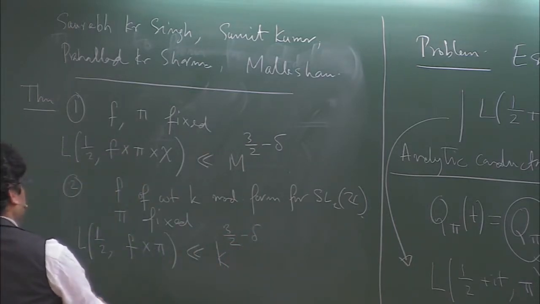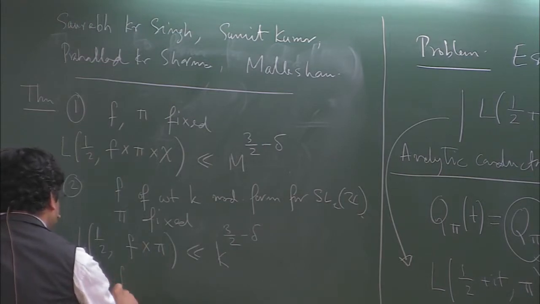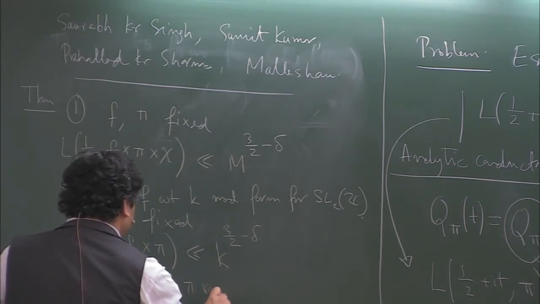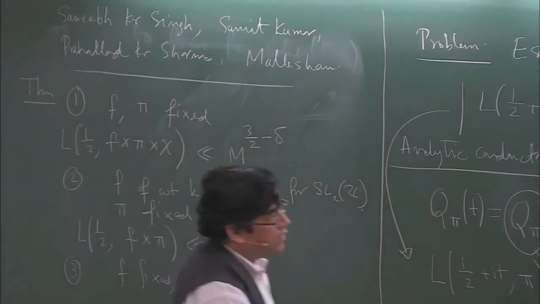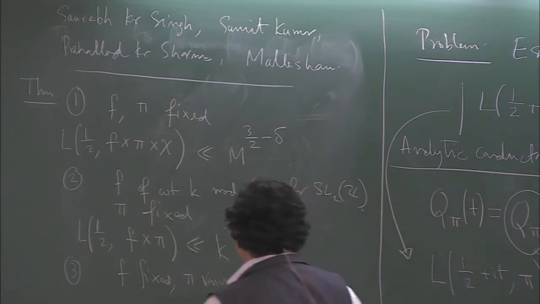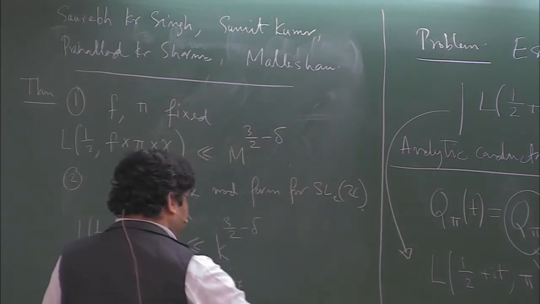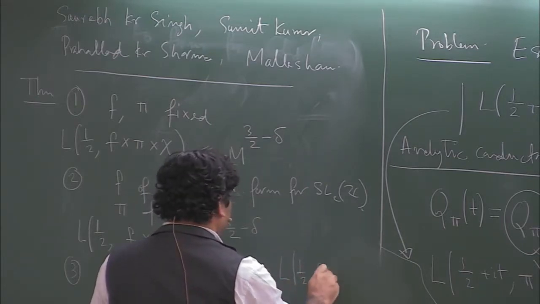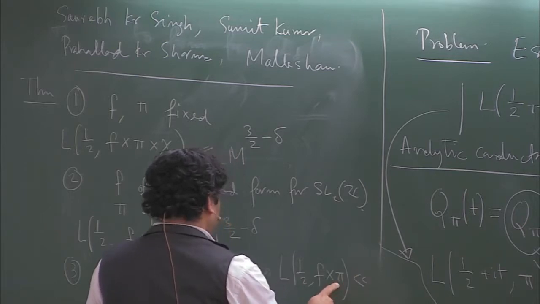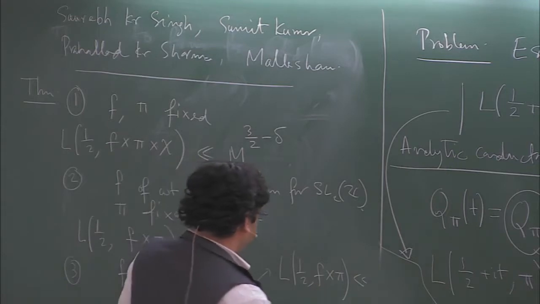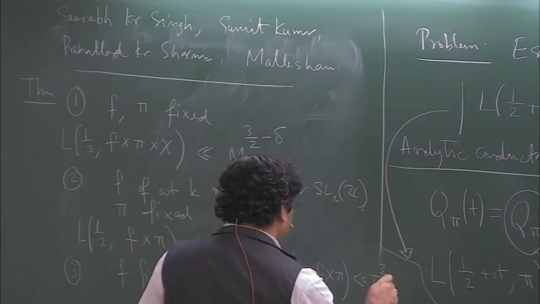And number 3, so here F is fixed and pi is varying, just like the way it was varying here in case of Blomer-Buttcane. So they're varying and the spectral parameters are spread out. Here also you can get subconvexity. So here also, cross pi. So now say all of them are of size capital T, then it's T to the power 6 here, so it's again T to the power 3/2 minus delta.